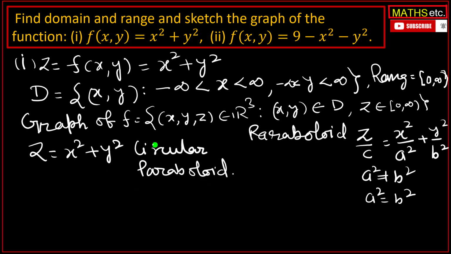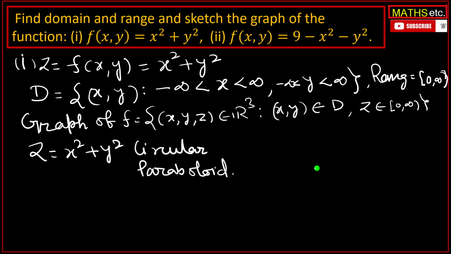Now how to plot this circular paraboloid? First we draw the three-dimensional coordinate axis system. So this is the y-axis, this is the z-axis, and slightly tilted is the x-axis.